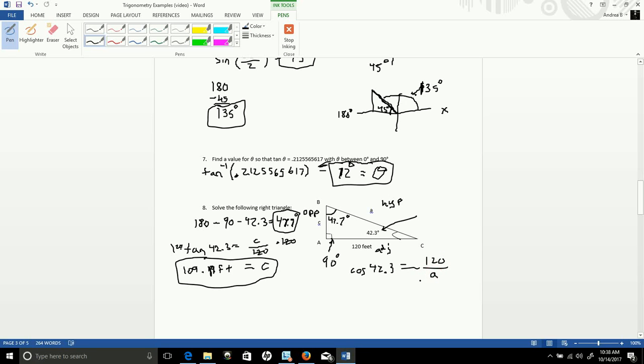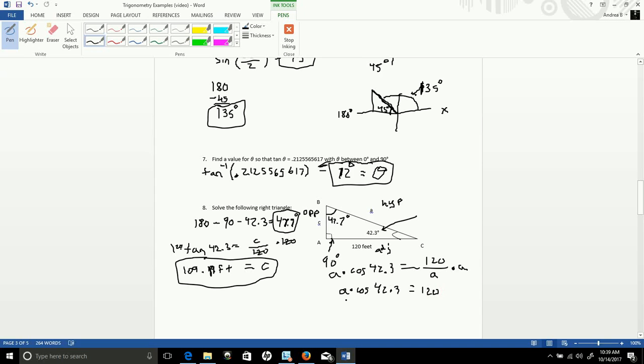So it's a little bit trickier if you have the A in the denominator, because now it's the A that you're multiplying by. So it's not always the number, it just depends on whatever's in the denominator, whatever you are dividing by to begin with. So now we have A times that cosine value of 42.3 is equal to the 120.